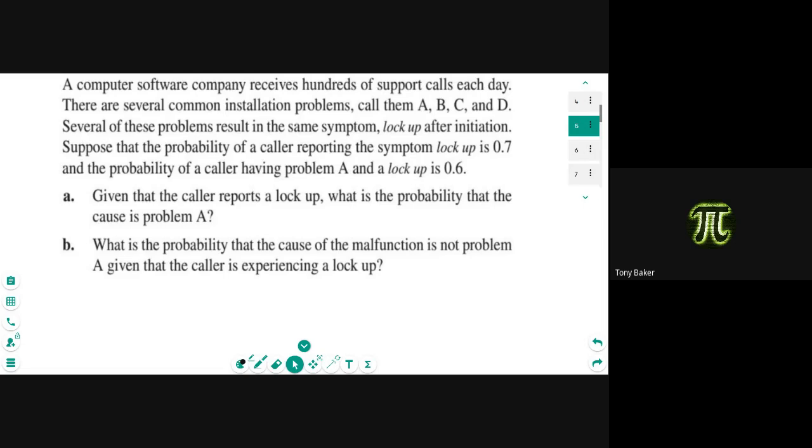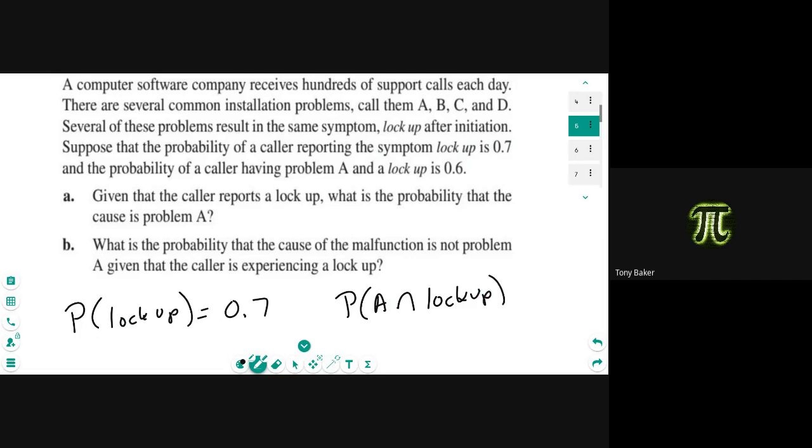So the probability of lockup is 0.7. The probability of the intersection of A and lockup, because remember, intersection is the same as and, is 0.6.